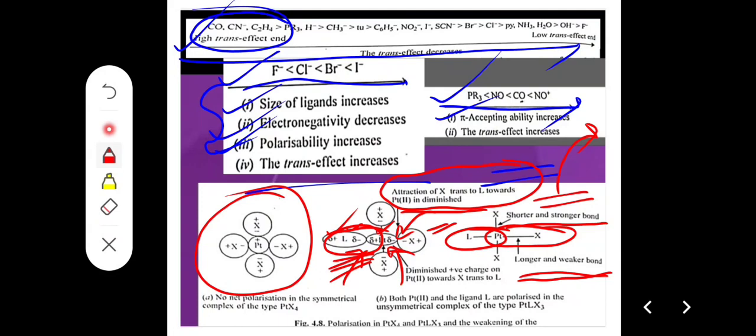So on the opposite side of platinum 2 plus, some negative charge is introduced, and this negative charge makes electron repulsion with the negative charge of the X ligand. Due to this electron repulsion, the platinum-X bond becomes longer and weaker.